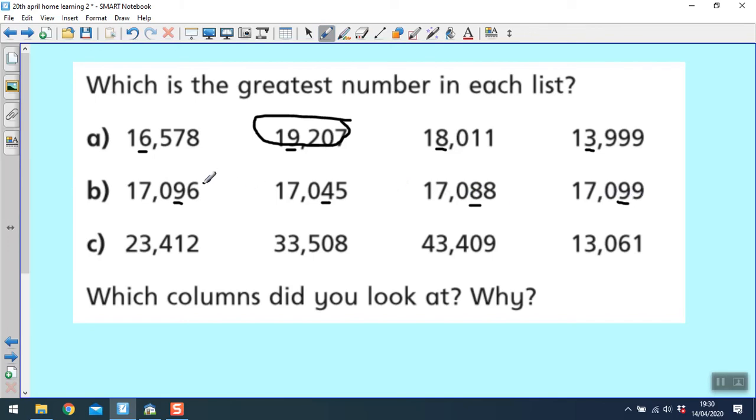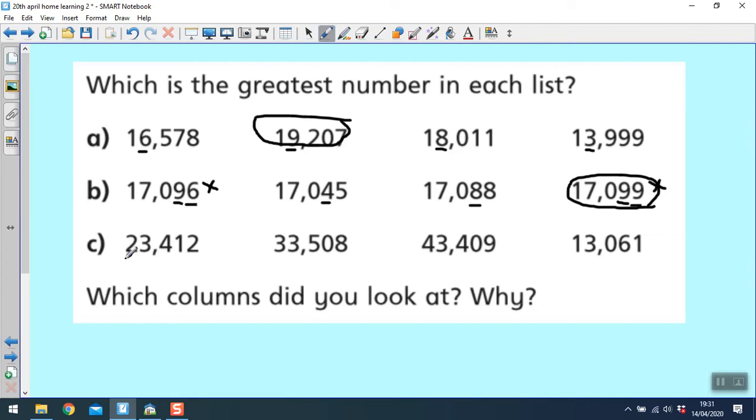So I'm going to have to compare this one and this one. If the 1709 are all the same, we've got to move on to the next column. This has got 6 ones, this has got 9 ones, which means this one's the biggest. So here we had to look at the thousands column. Here we've had to look at the tens column, but then the ones column.